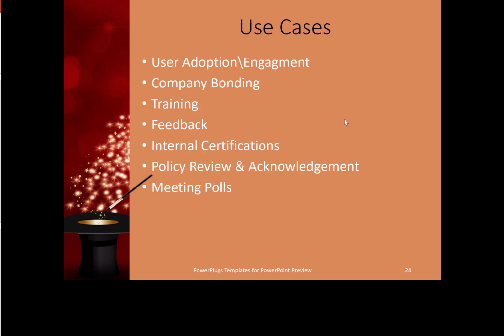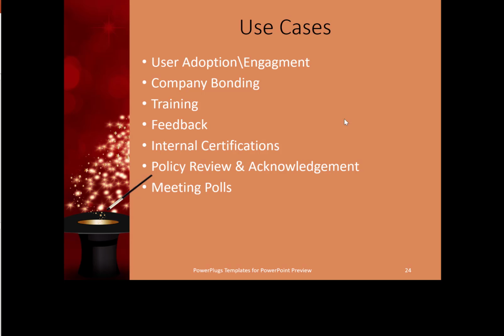So a bunch of use cases that we've done is like user adoption engagement, where you want to get users to do a quiz or do a survey or training type of thing to really get them used to company bonding. You can teach them through a form. One of my favorite ones to do is get to know your intranet.